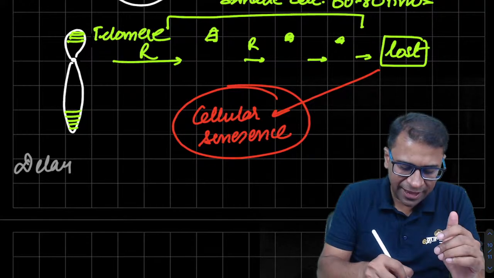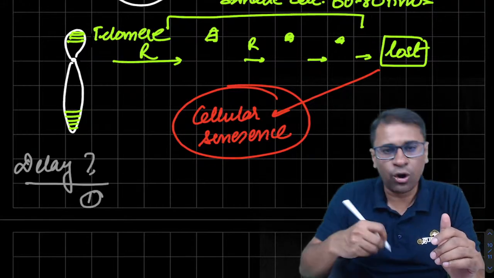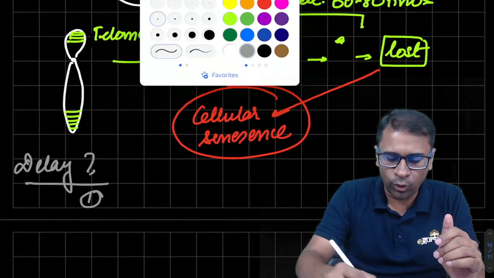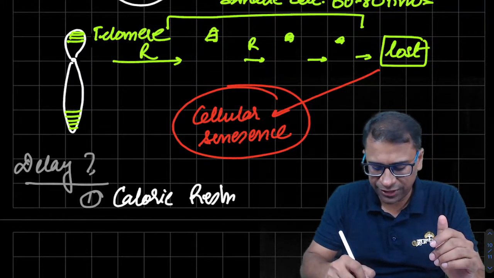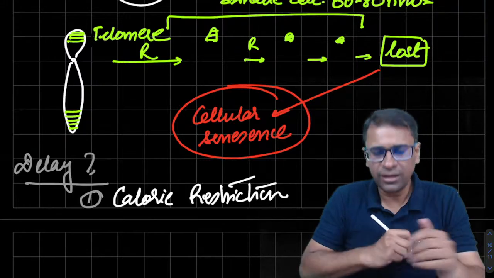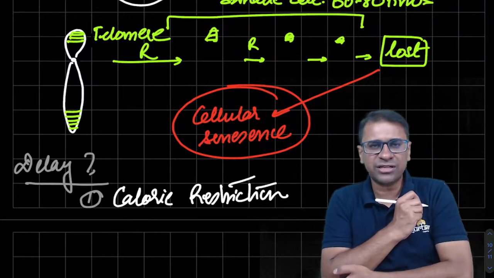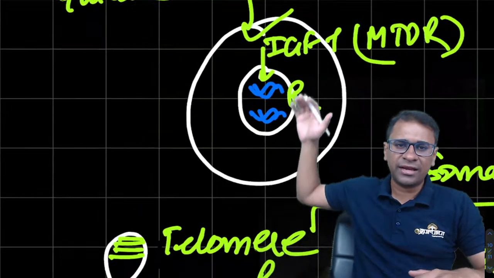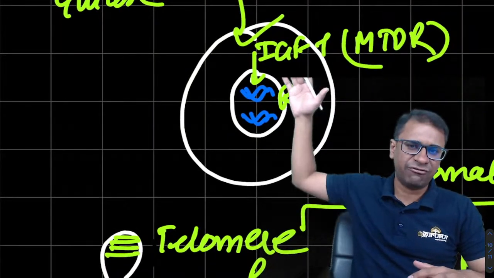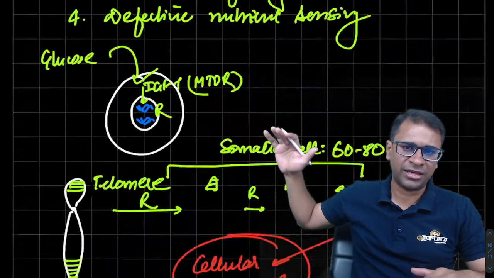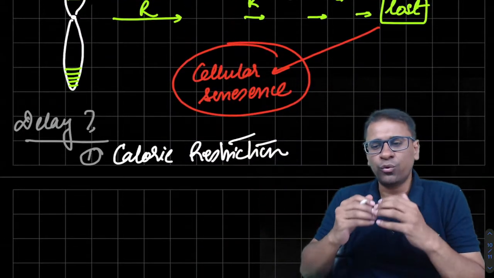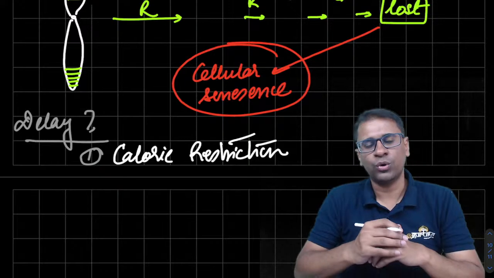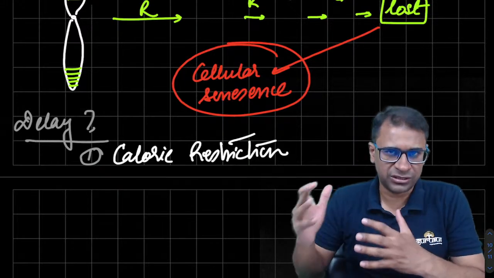The only way is calorie restriction. Because if the calorie is restricted, the cell will not get glucose, it won't get IGF-1, it won't signal for replication, and the telomere will not shorten. So one of the best ways to restrict glucose is calorie restriction.